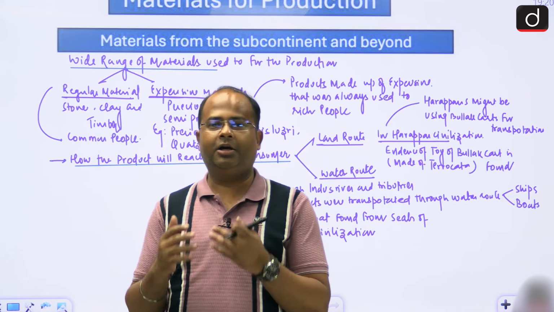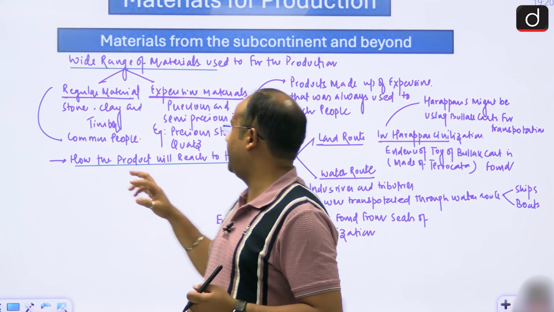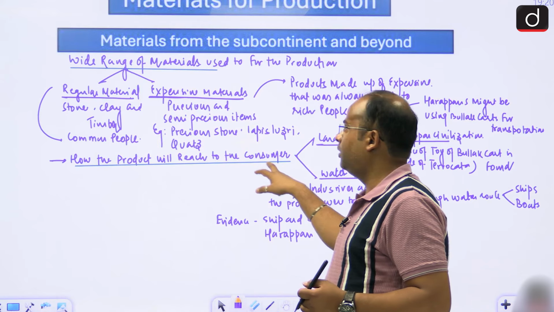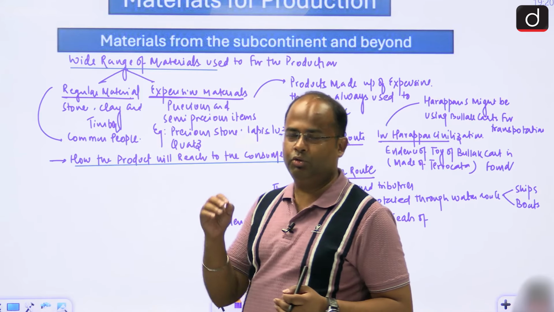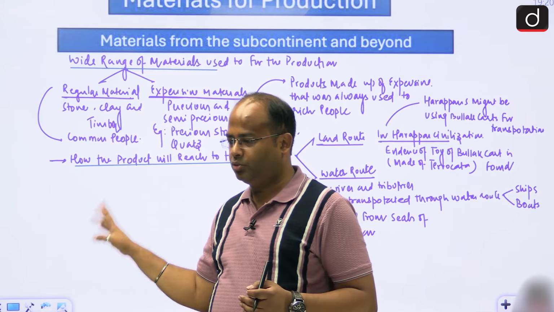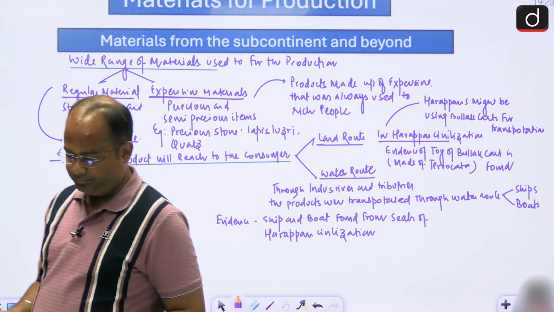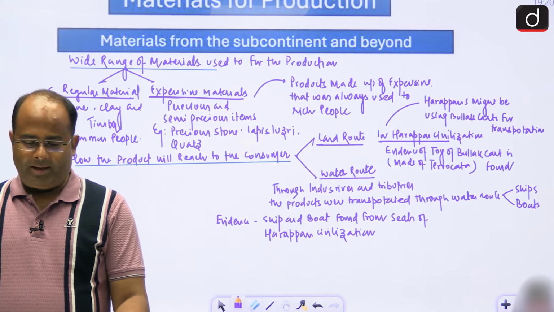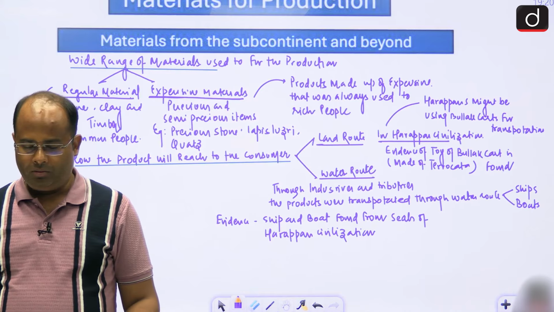Through this we can conclude that they must have been using the water route as well to transfer the products from one place to another. So, the transfer of the product was done through the land route as well as through the water route. I hope it is clear to all, guys. I hope it is clear to all ki how these things were transferred by the land route and the water route.